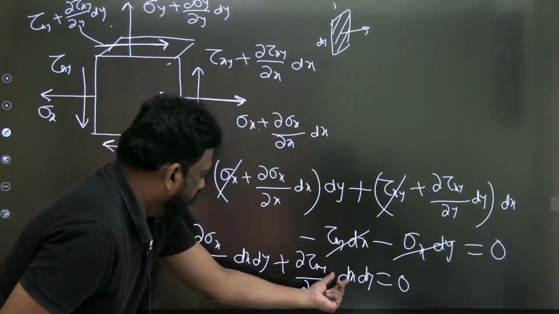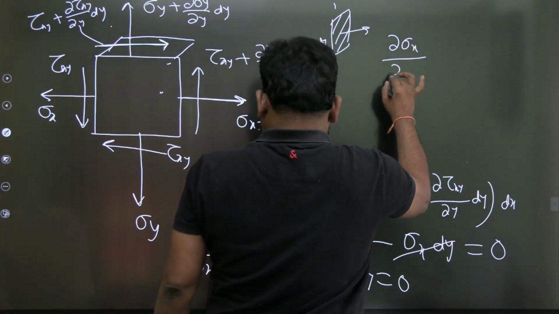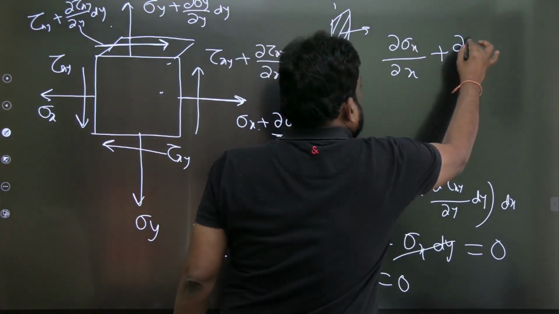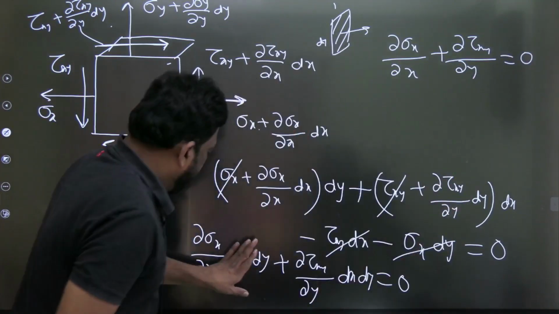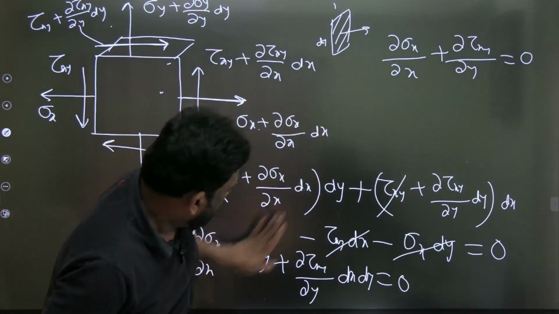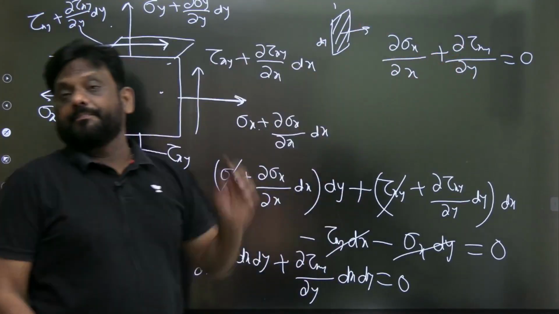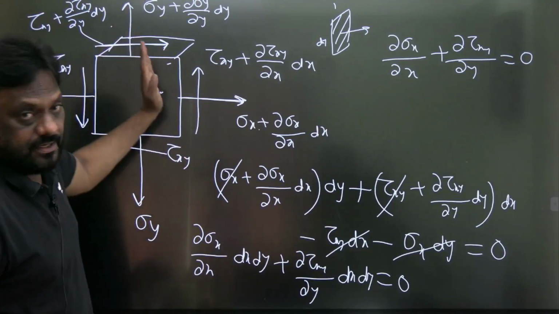Take dx dy common. So you will get dou sigma x by dou x plus dou tau xy by dou y is equal to 0. Great.